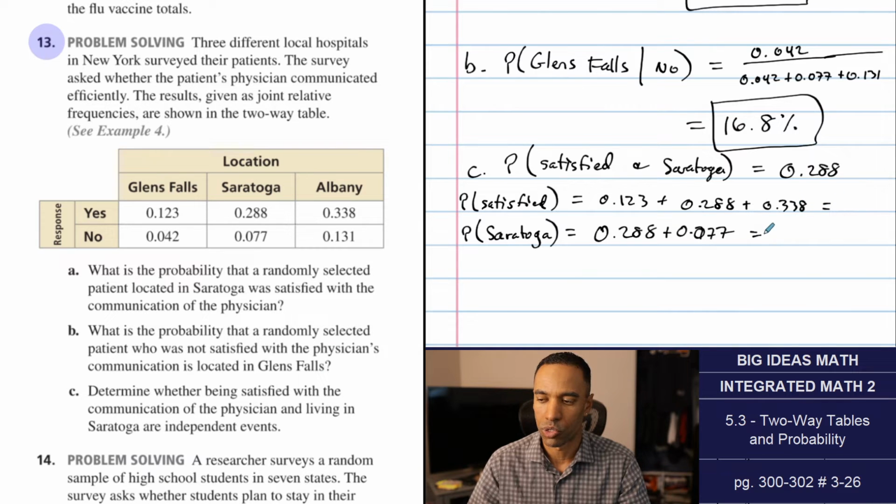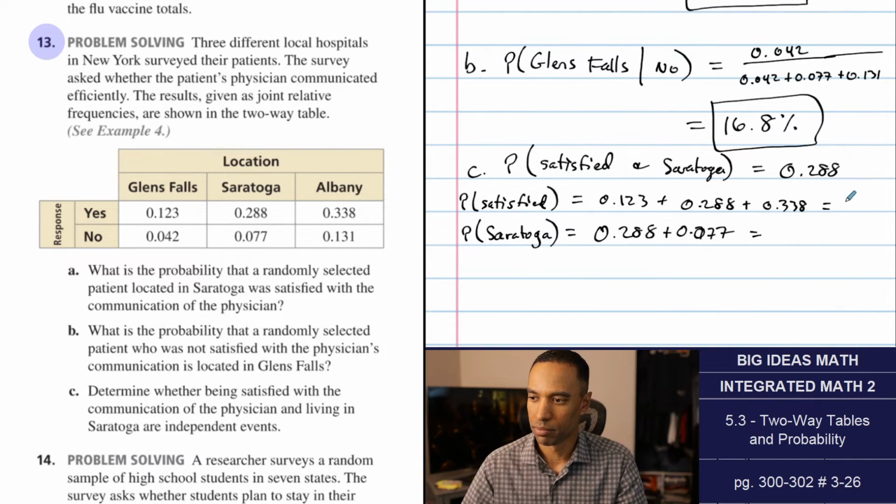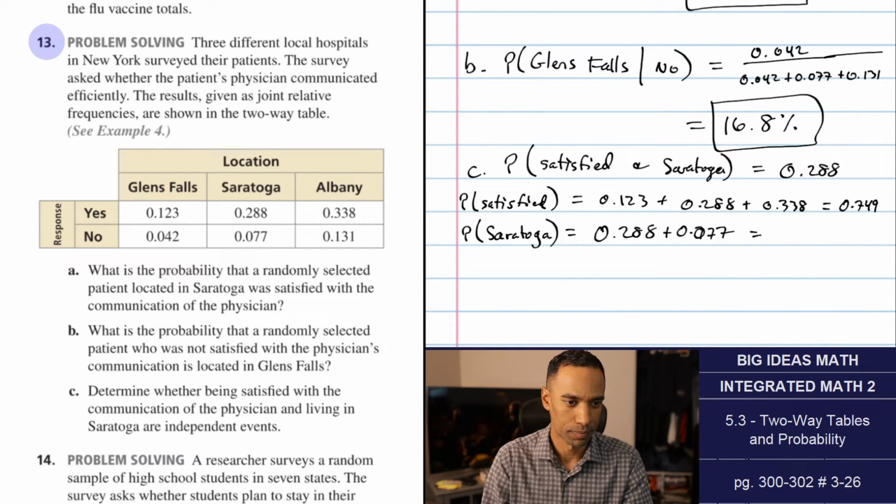All right, let's figure out what those two numbers are. So 0.123, I'm just going to say 123, plus 288 plus 338. It's 0.749. We're going to end up multiplying 0.749 with this other number, 0.365.